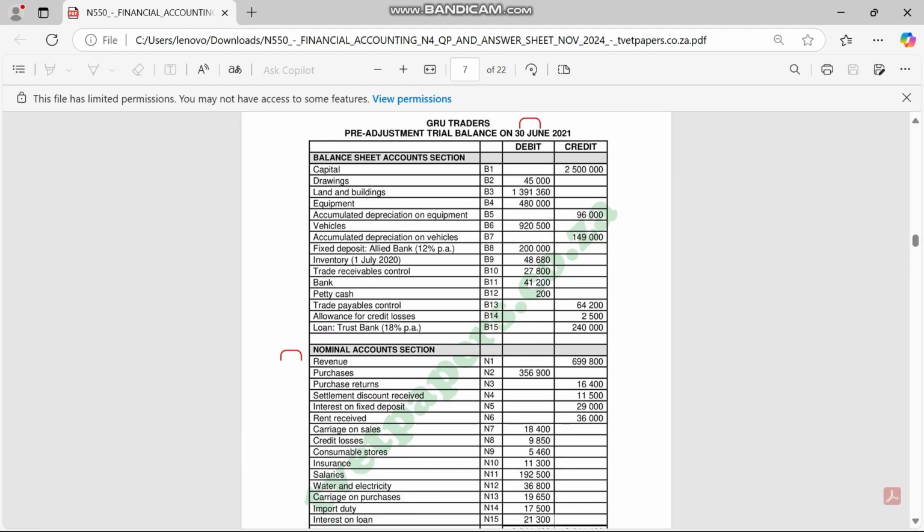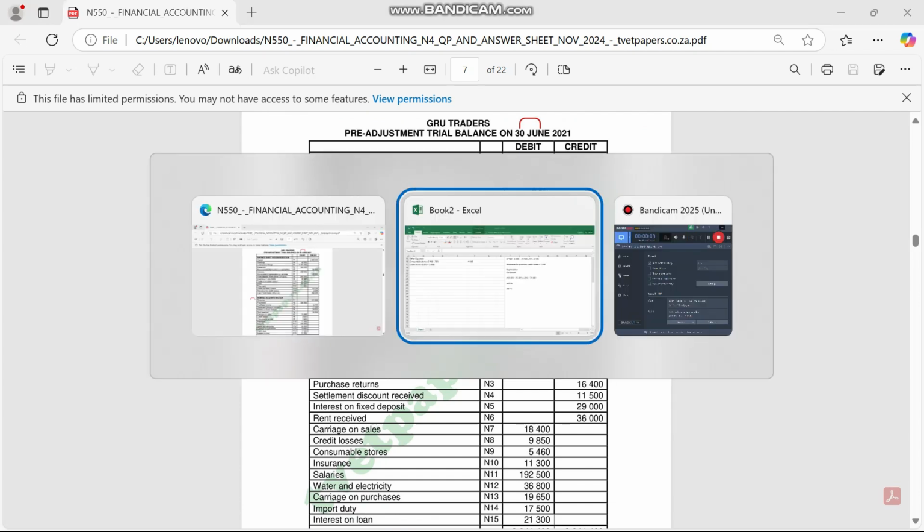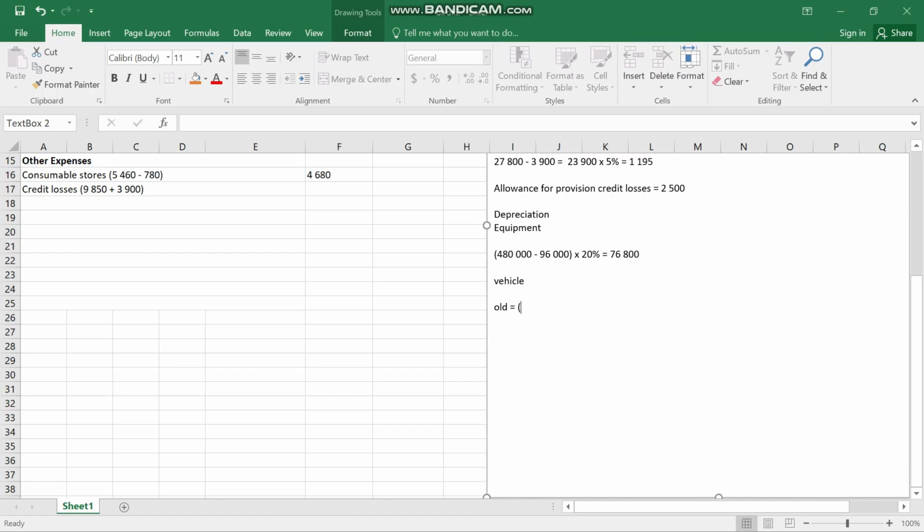Our year ends on June 2021. So we have to take out the new vehicle so we can calculate depreciation for the old vehicle.